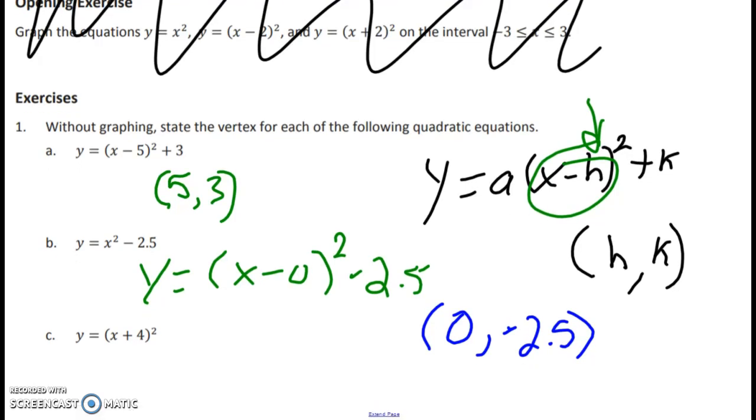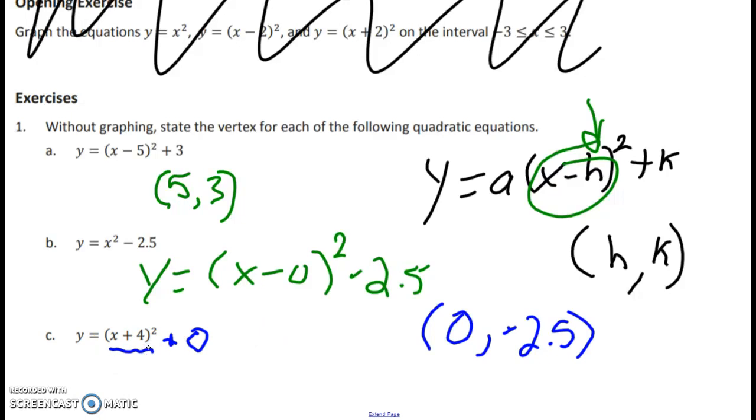In this third example, I don't have a k value, so you can think of it as plus 0. Because for the vertex, I do need an ordered pair. I have x plus 4.